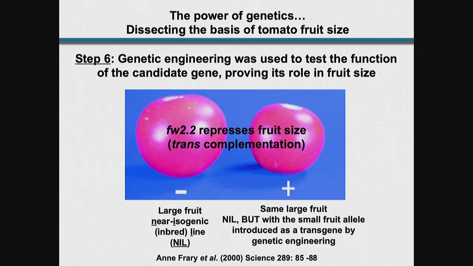Okay, so they used genetic engineering to test the function of the candidate gene, right? So they took an inbred line, near isogenic line, same thing, that was associated with the large fruit size, okay? One of the inbred lines associated with a large fruit size.